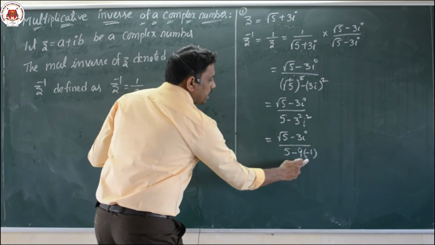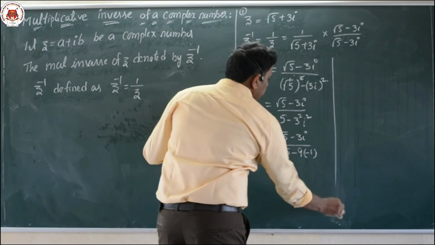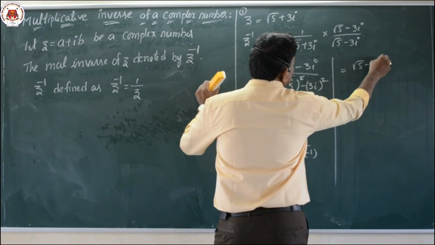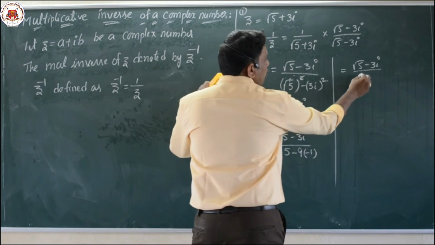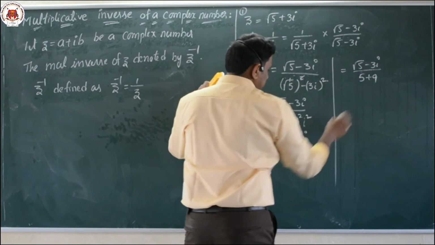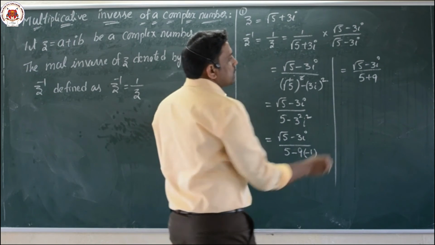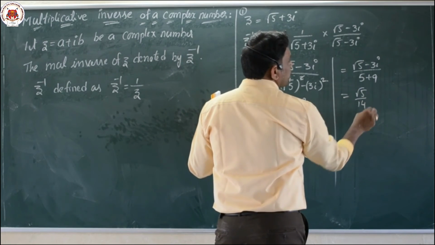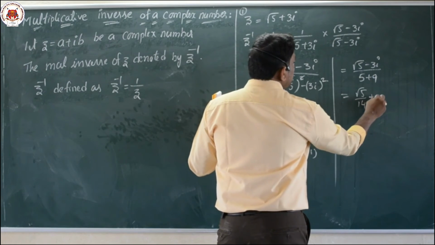So minus into minus is nothing but positive. Then the answer root 5 minus 3i by 5 plus 9. So 5 plus 9 is 14, make it separate, root 5 by 14, and here plus i.